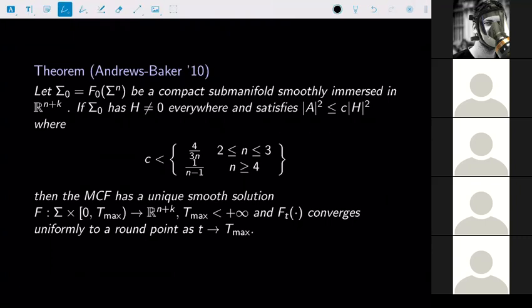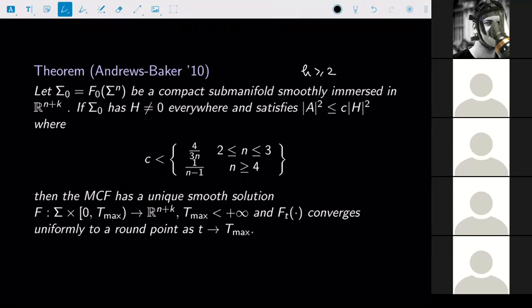And what was proven here by Ben Andrews, who was my PhD supervisor, and Charles Baker back in 2010, is if you consider a compact submanifold which is smoothly immersed in R^(n+k). Here k can be greater than or equal to 2, but of course it works for k equal to 1 as well.